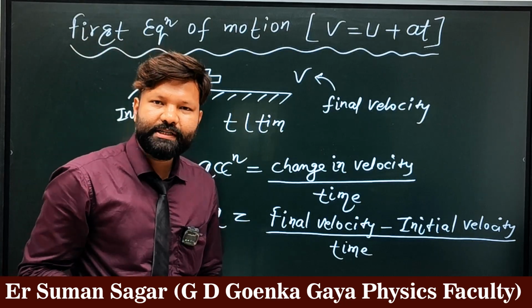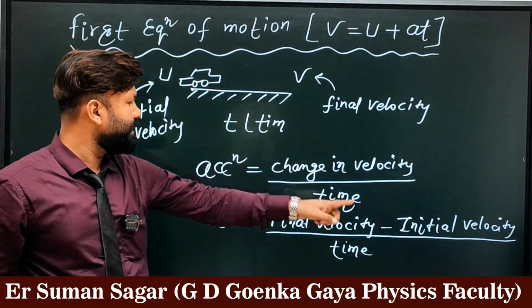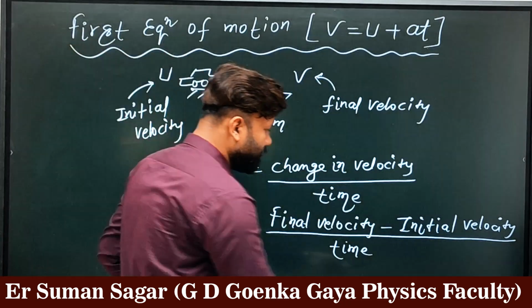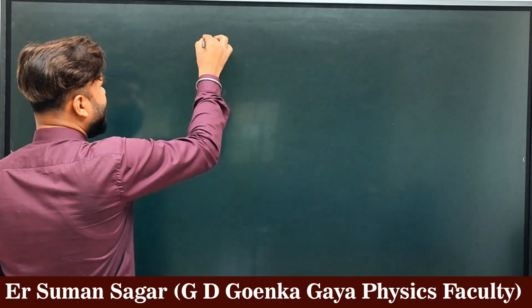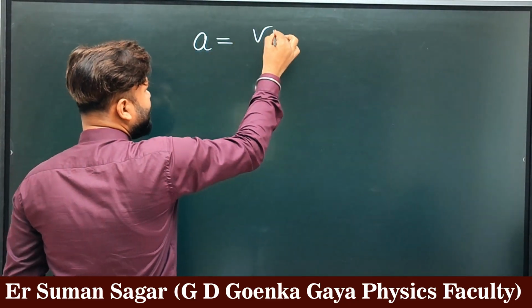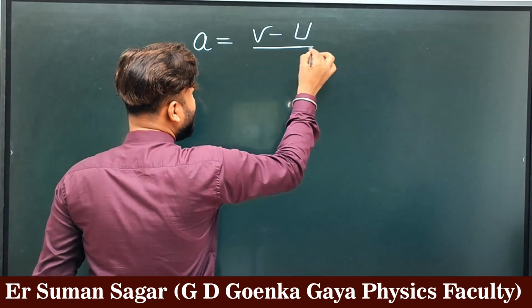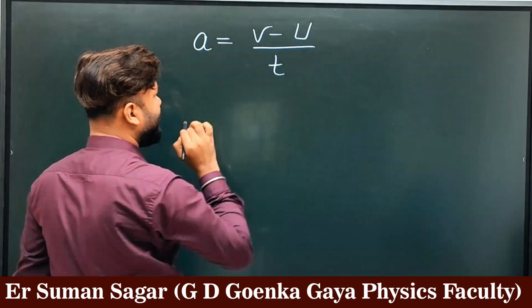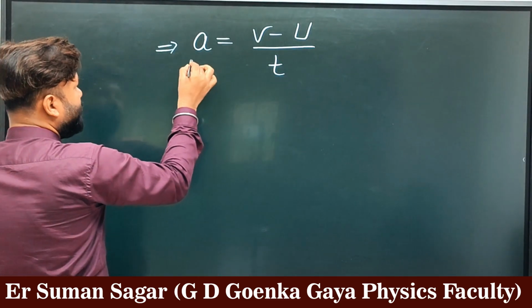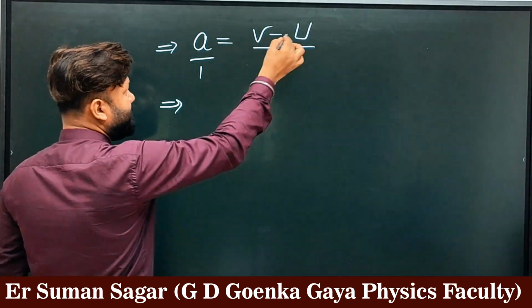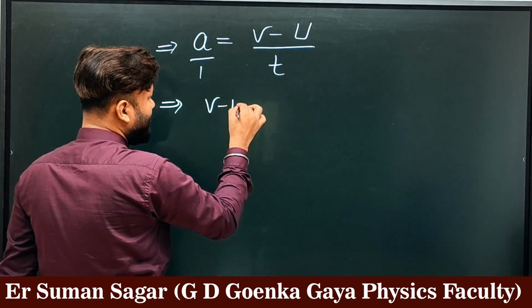Now students, final velocity denoted by v, initial velocity denoted by u. So we can write a is equal to final velocity v minus initial velocity u, divided by time, time denoted by t. Now students, cross multiplication: v minus u into 1, so v minus u.